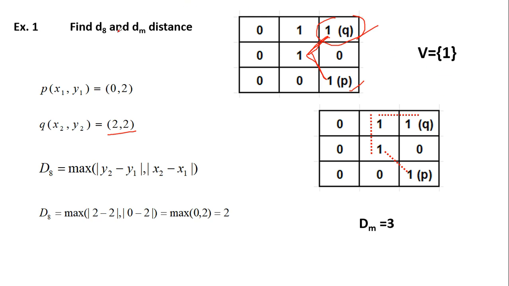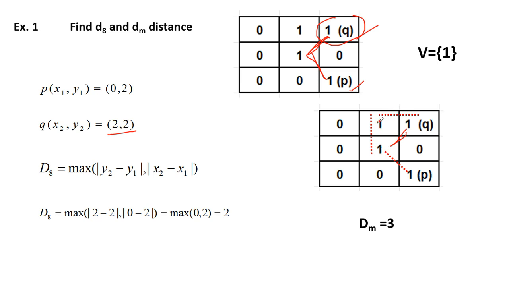Now we need to take the dm distance. So for dm distance, this is 1. Here we can't take this path because here and here their common pixels are 0 and 1, but 0 is not under consideration, 1 is. So their intersection is not empty, because in Q this 1 is there, and in this intermediate pixel, again 1 is present.